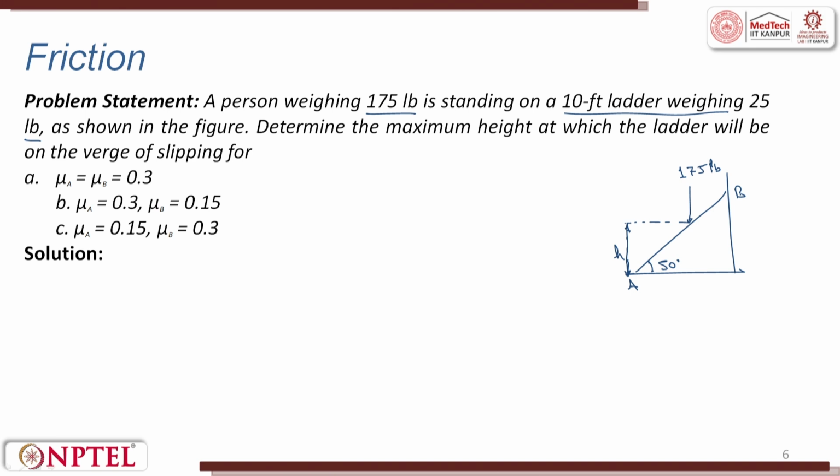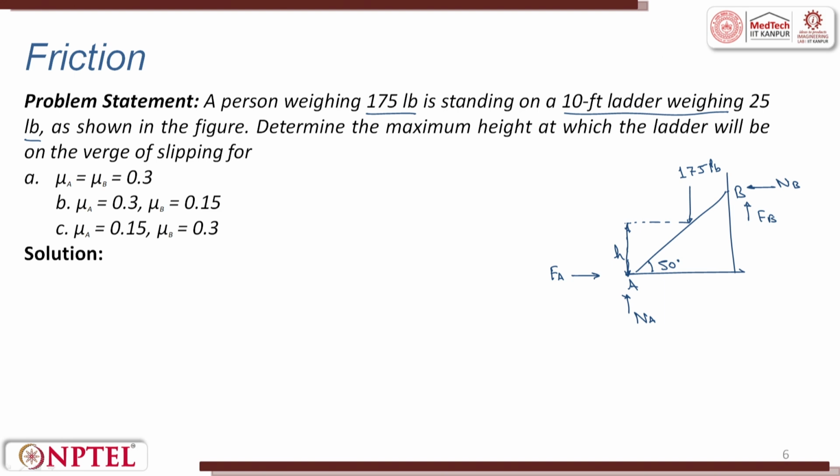Now, this is a height h, and if I say the forces which are acting, the force acting in the horizontal direction on the point A is F A, in the normal it is N A. For the point B, the force N B here is, and the frictional force is F B.